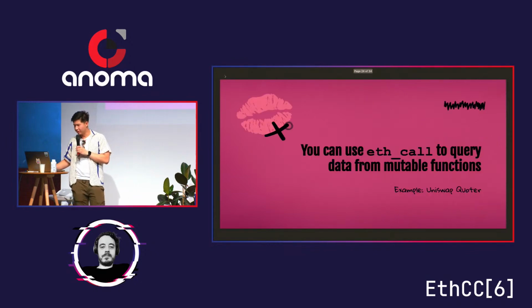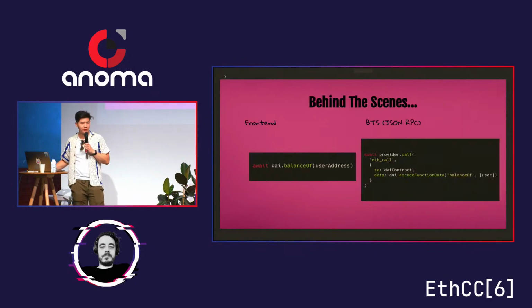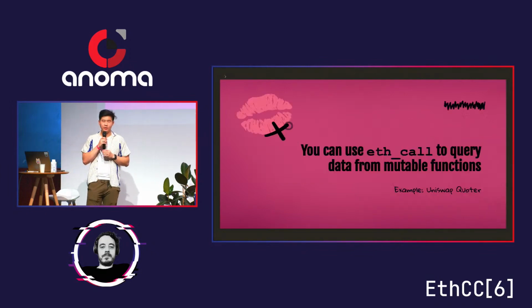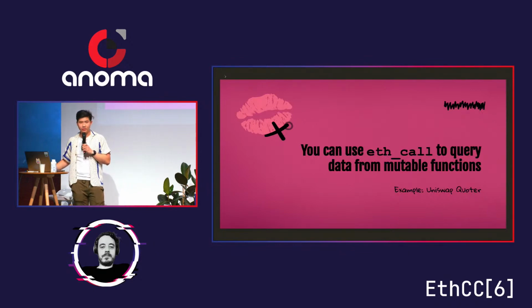Now, traditionally, eth_call is used on read-only functions. So, for example, balanceOf or decimals or owner. But a little known fact is that you can actually use eth_call to query mutable functions. One example of this is how the Uniswap quoter does this.